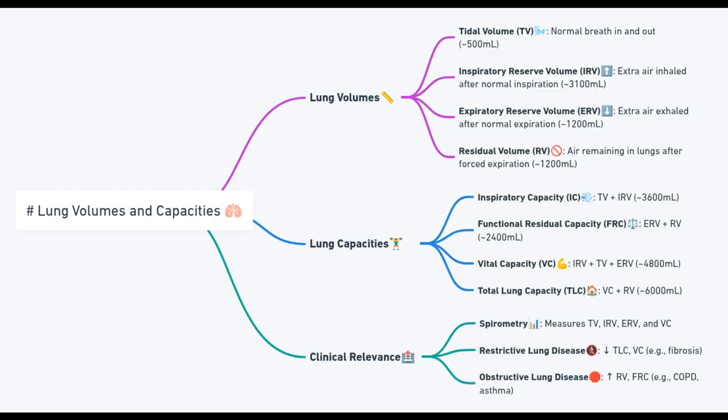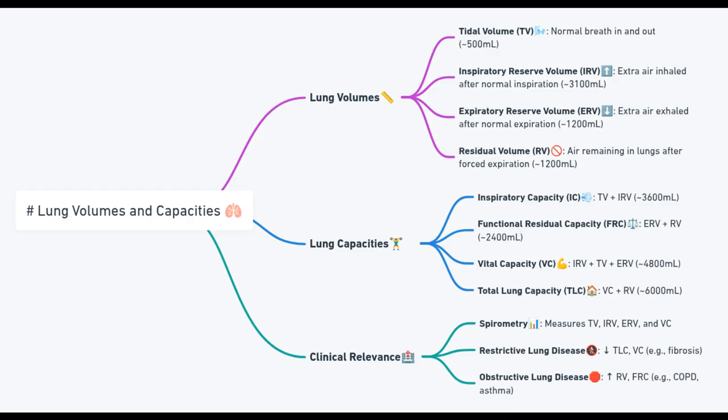Now, a quick recap on inspiratory capacity, which is the maximum volume of air that can be inhaled from a normal end expiration. So it's the tidal volume plus the inspiratory reserve volume. And what is the physiologic significance of inspiratory capacity? Let's go back to the basics.